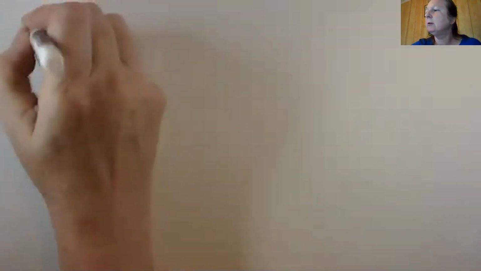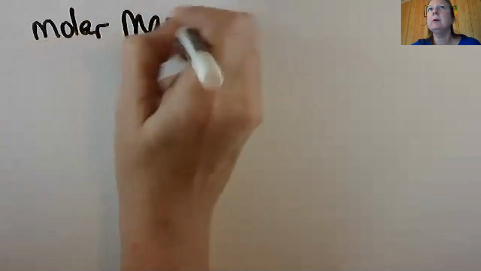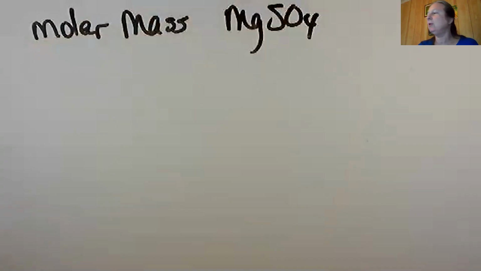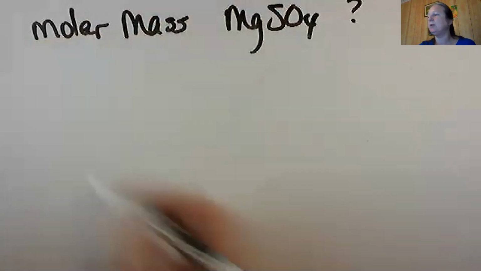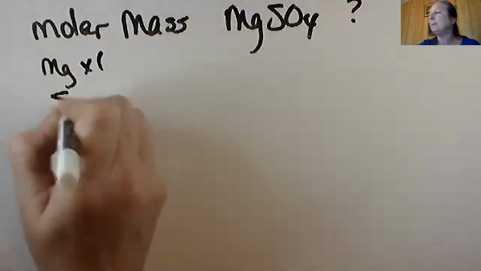The next slide, it asks, what is the molar mass of magnesium sulfate? Now, previously, I did magnesium nitrate. So this actually will be easier because we don't have a parenthesis to deal with. So what do I have? I have 1 magnesium.